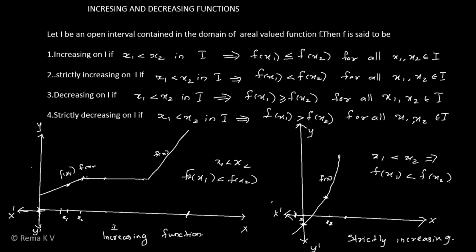Nowhere on the graph f of x1 is equal to f of x2. In this case, we say that f is strictly increasing.